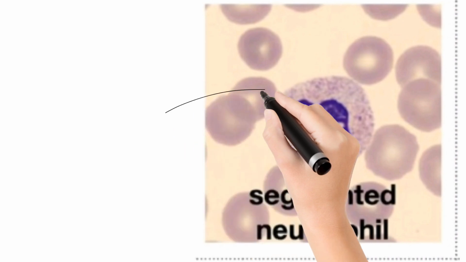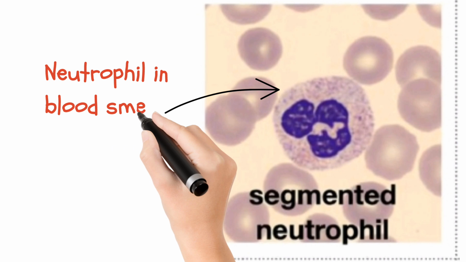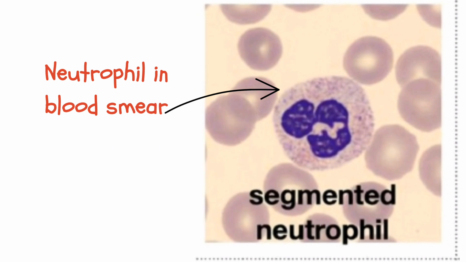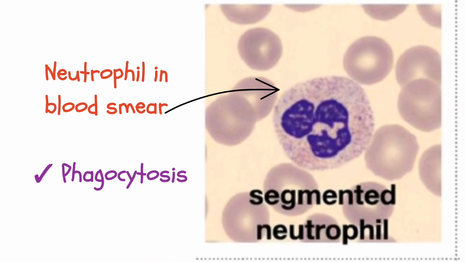So these granules are of two types: the smaller specific or secondary granules, and the large azurophilic or primary granules. And these granules release their contents through a process known as degranulation. The main function of neutrophils is phagocytosis.